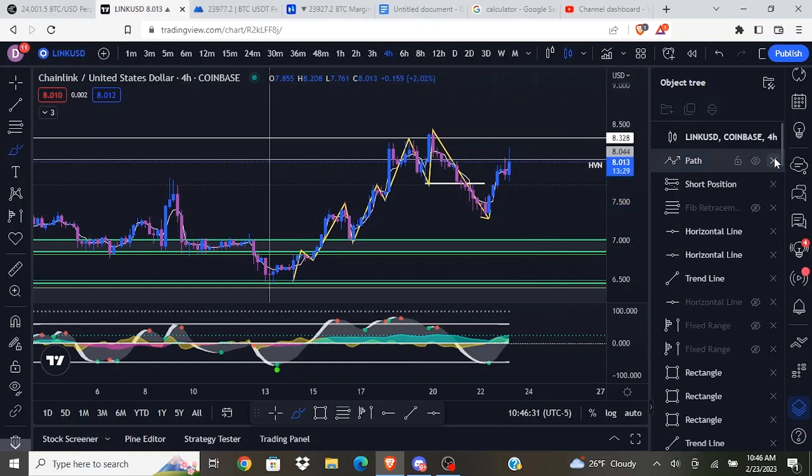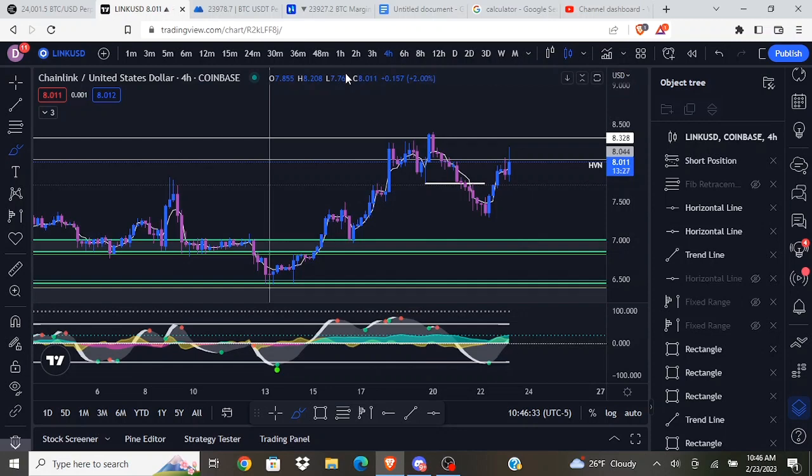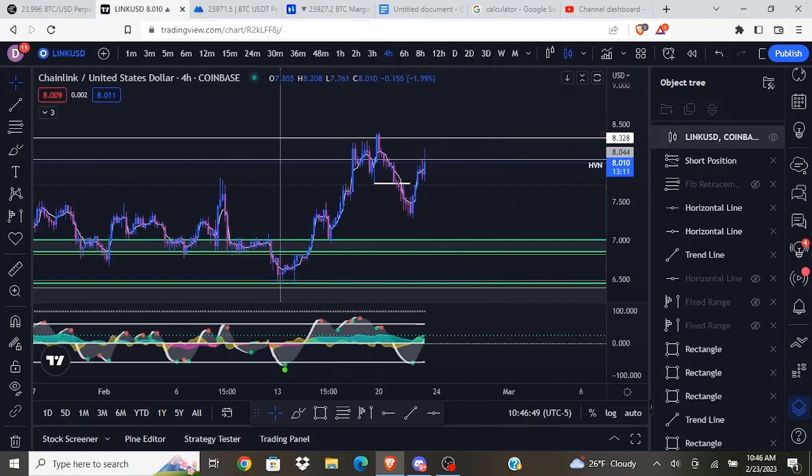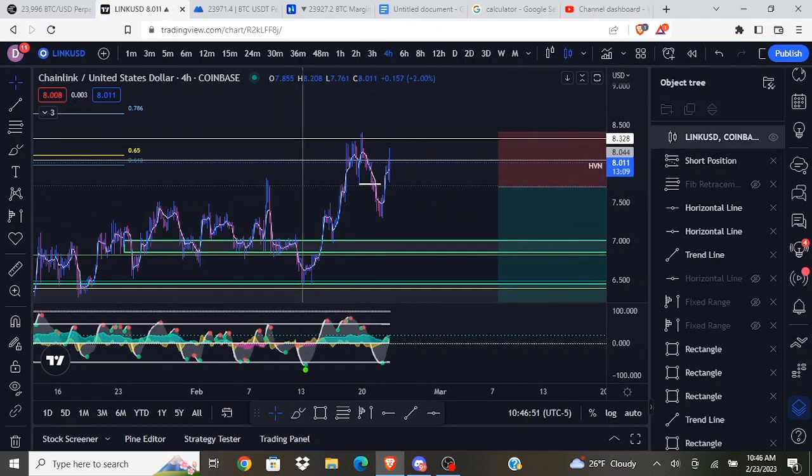Now, I'm no expert on market structure by any means. I'm still learning the rules of market structure and all that, but this seems pretty obvious. This is a swing low. This is a break of structure. So, it would seem like Chainlink may be beginning a larger downtrend here.